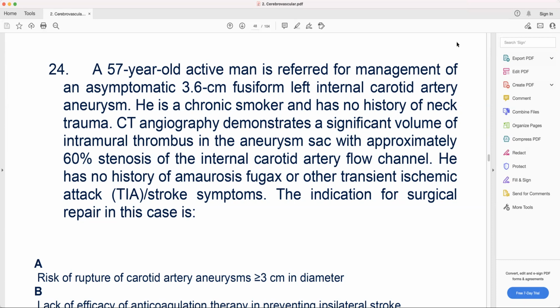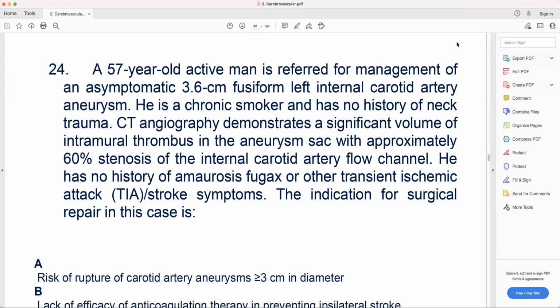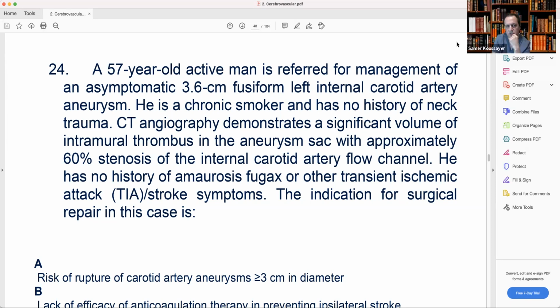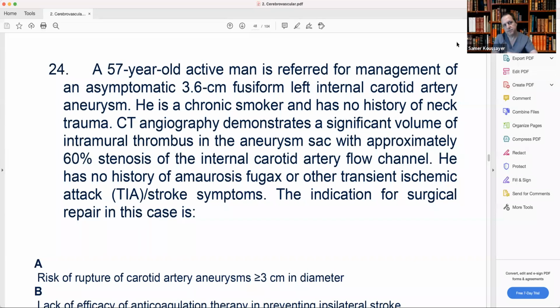Do you remember the indication to repair an internal carotid artery aneurysm? First, do they rupture or do they embolize? You are more afraid of emboli than rupture. Correct, like the other arteries. Yes, so we are afraid of emboli.